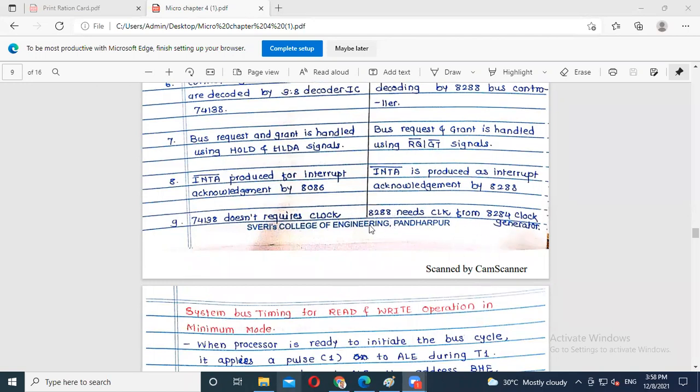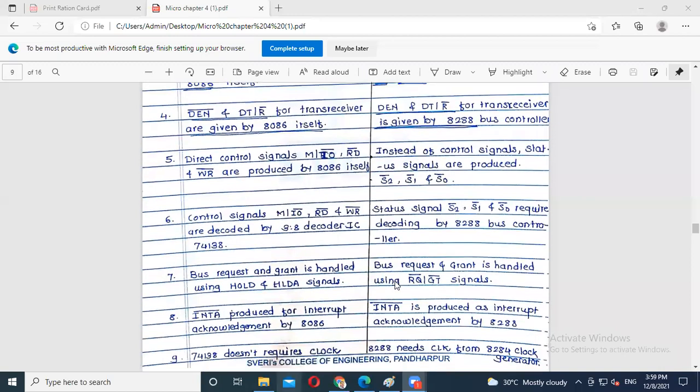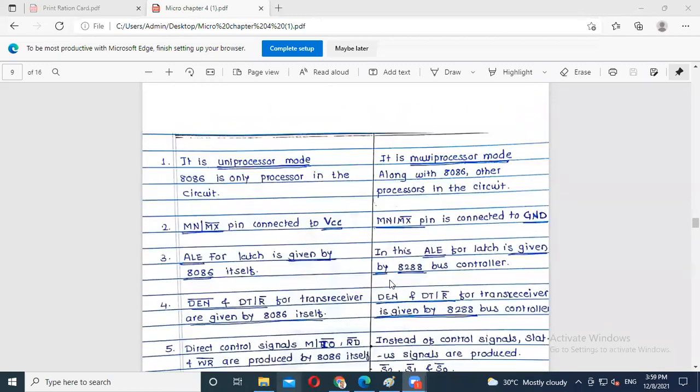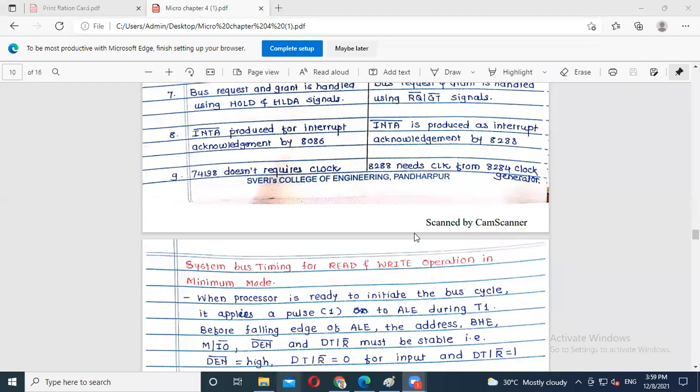Because there is no clock present in the 8086 microprocessor chip, for that we use the 8284 clock generator. So this is the very well defined table I prepared for you. Please all of you go through this minimum mode and maximum mode configuration.